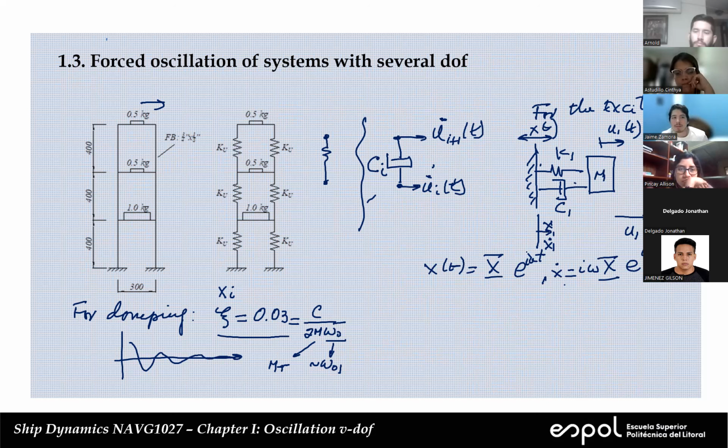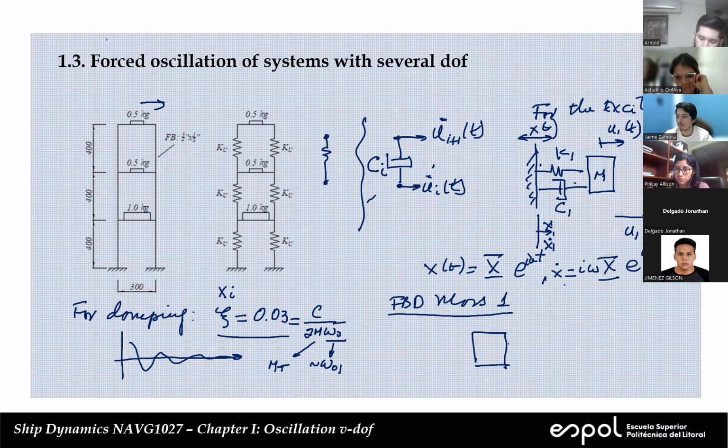Now let's quickly do a free body diagram of mass one. On the right hand side, let's suppose I have this force from the spring and this force from the damper. Similarly, on the left, we have this and that for the spring and for the damper.